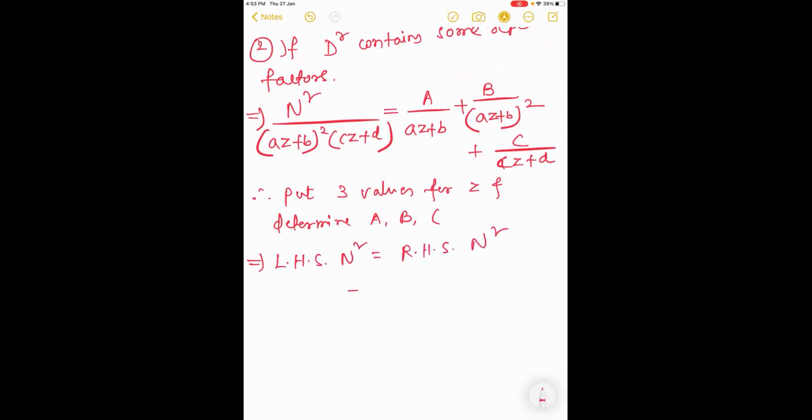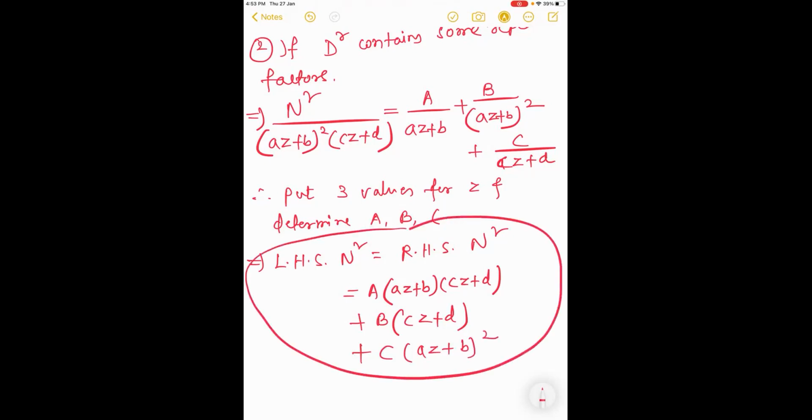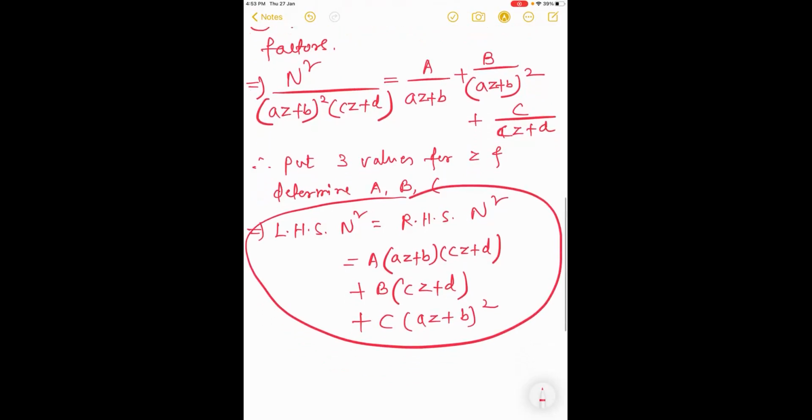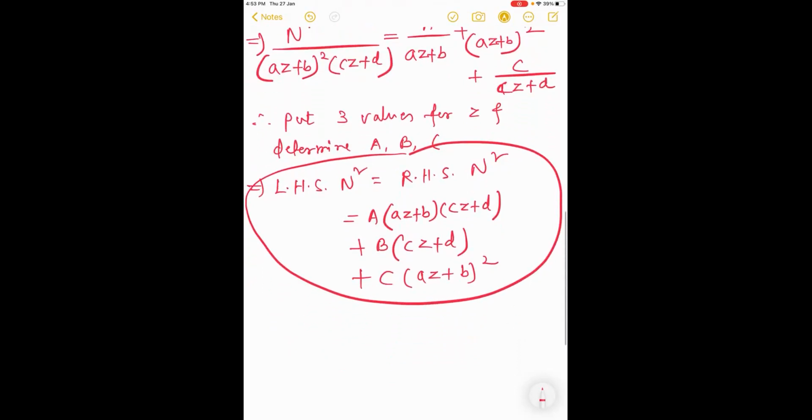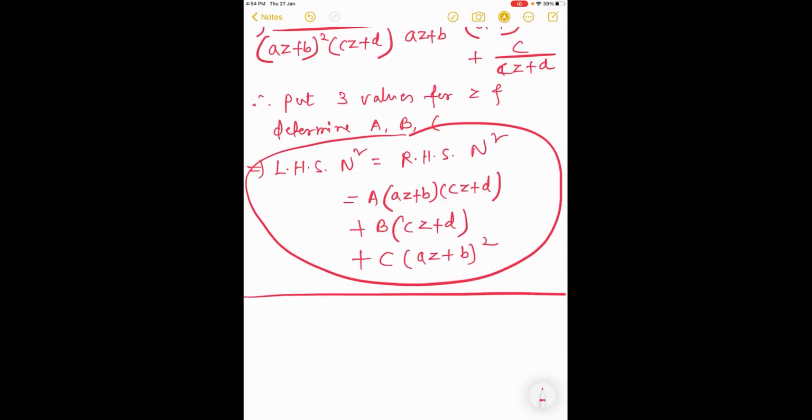That means capital A into bracket az plus b into cz plus d, plus B into bracket cz plus d, plus C into bracket az plus b the whole square. From that you will get answers for A, B, C by putting 3 values of z in this expression. So just remember this is a note for the partial fraction which we will be using in the inverse calculation.